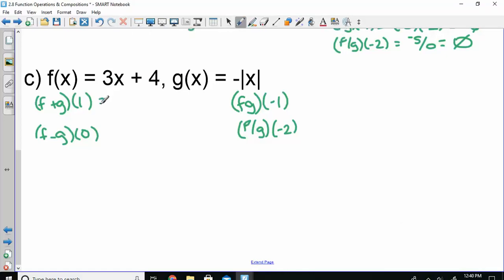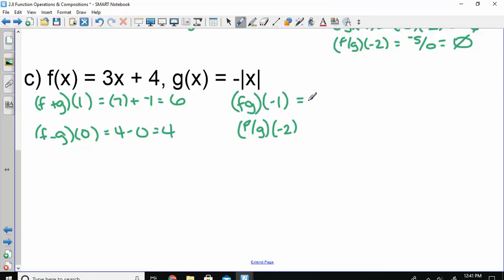F plus g of 1, if you plug in a 1 to f, 3 plus 4 is 7. Put a 1 into g, you get negative 1. So that gives us 6. F minus g of 0. F of 0 is 4. G of 0 is 0, so you get 4.